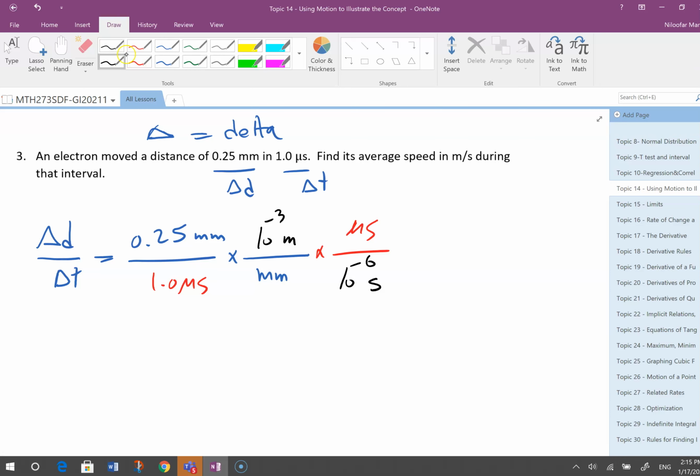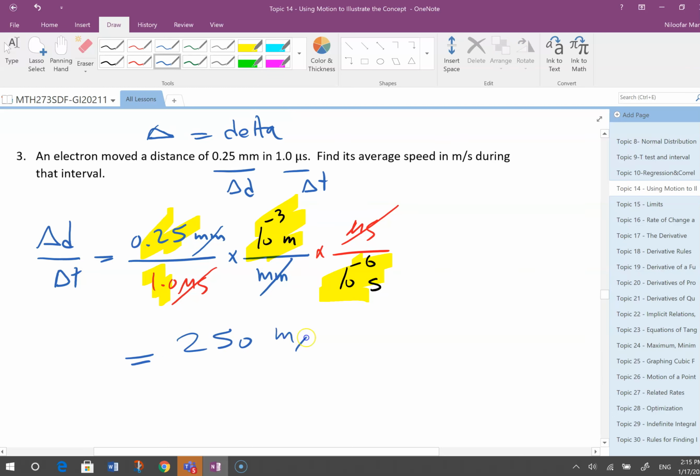Now I cancel this and this, and this and this. What is left, when I calculate, is 250 meters per second. Okay, so far so good.